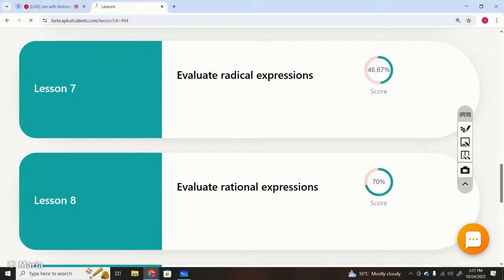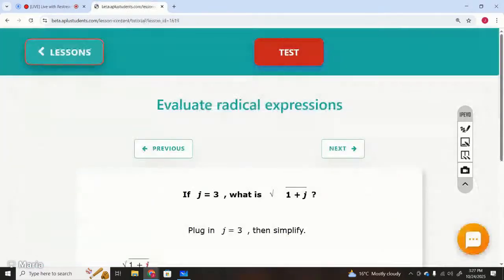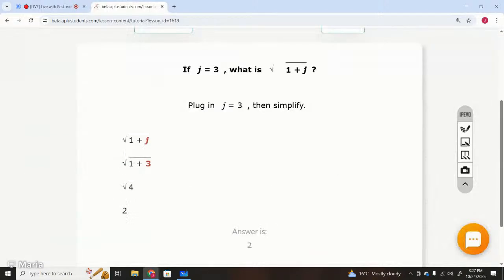Evaluate it. If j equals 3, what is the square root of 1 plus j? Replace the j with the value 3. So square root of 1 plus 3, that is square root of 4.